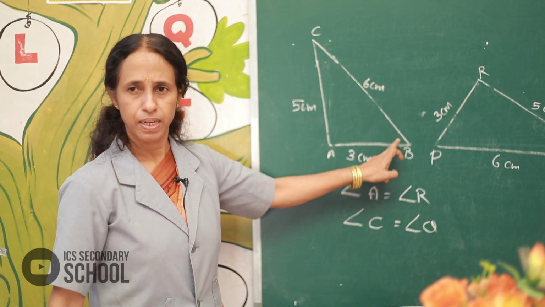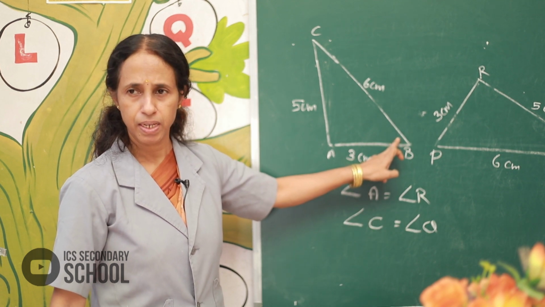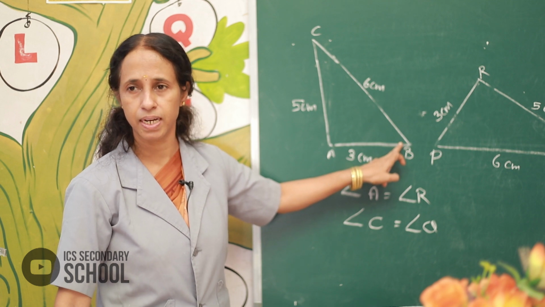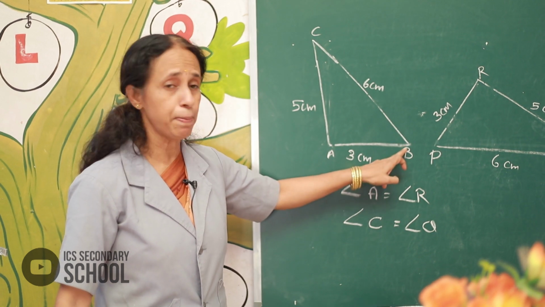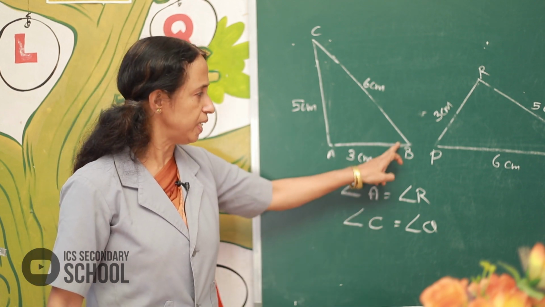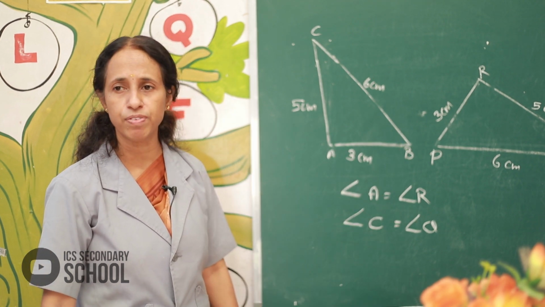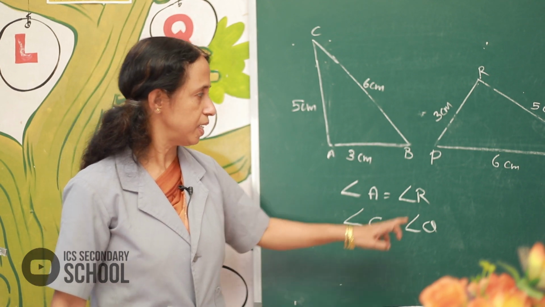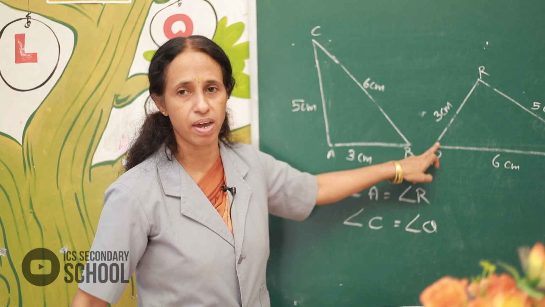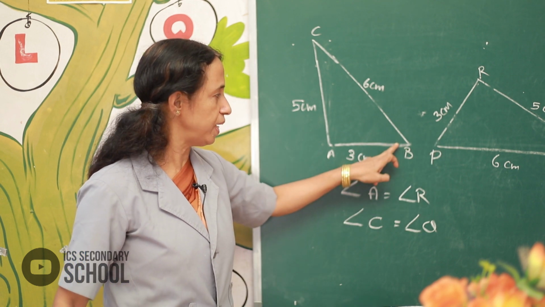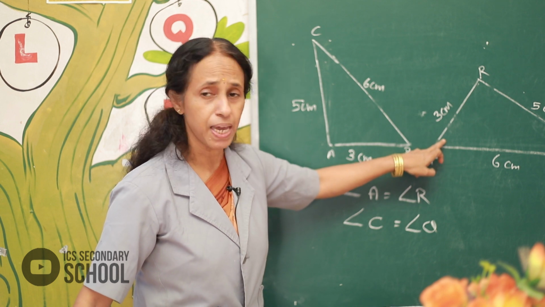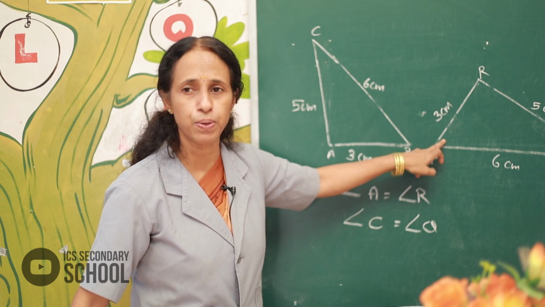Next, the third angle B. This is the median sized angle. Angle B is the median sized angle of triangle ABC and angle P is the median sized angle of triangle PQR.